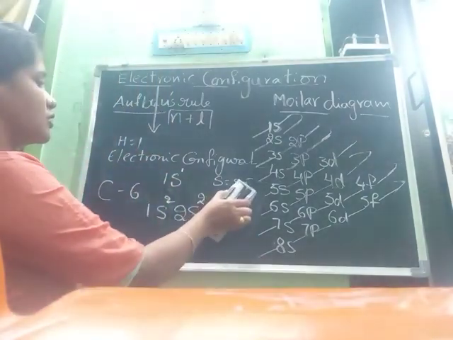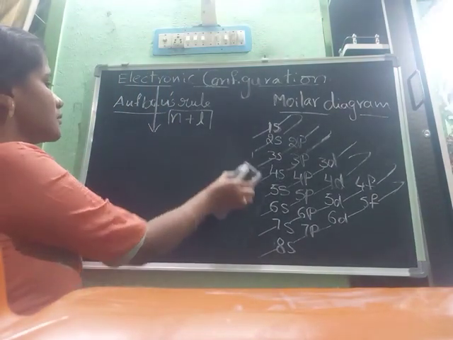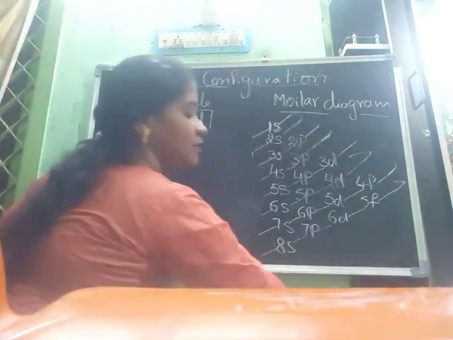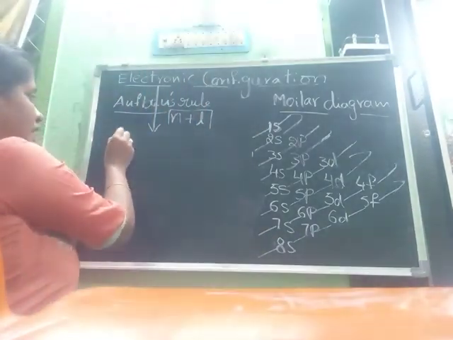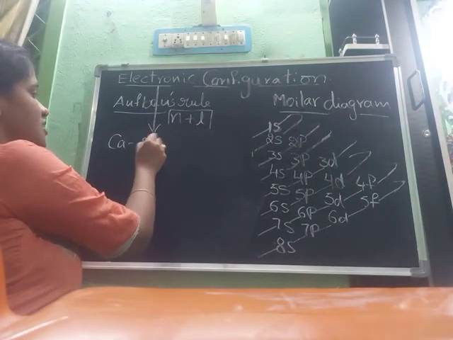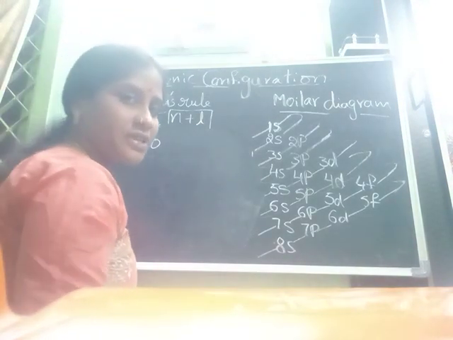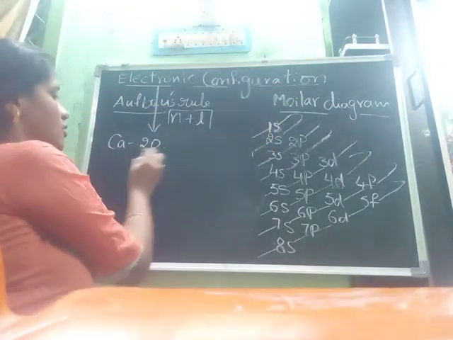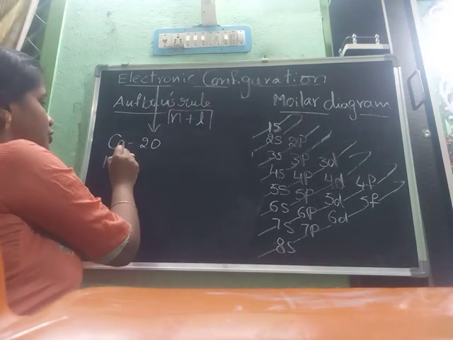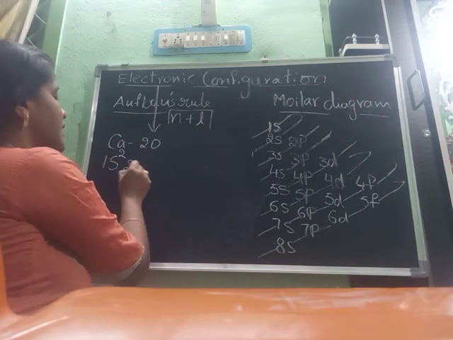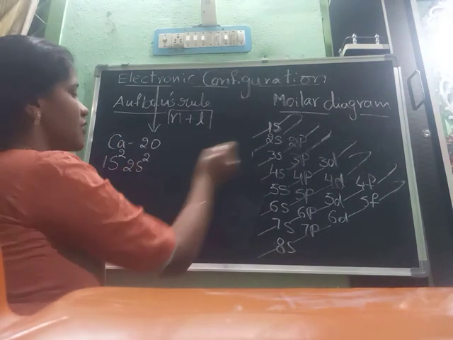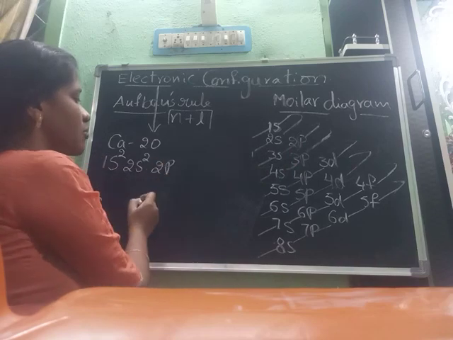Can we go to another element? Say calcium. Calcium atomic number is 20, which means it contains 20 electrons. 1s, how many? 2. Next 2s, how many? 2. Next 2p.